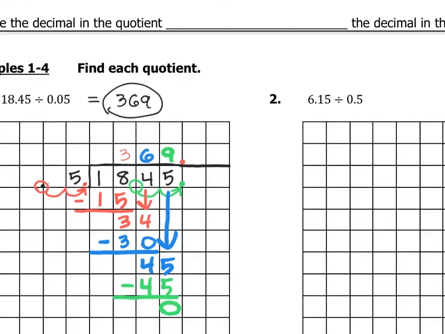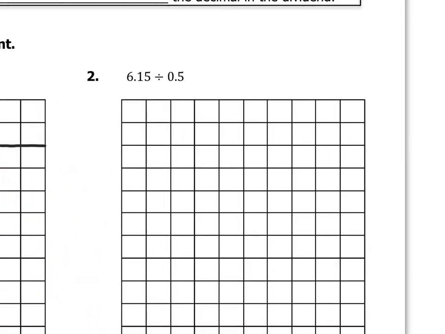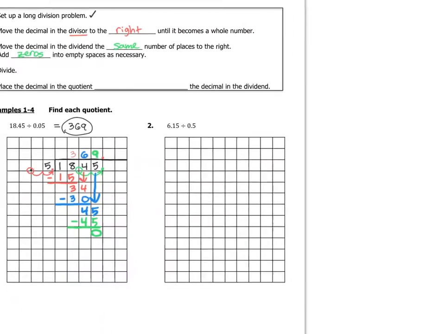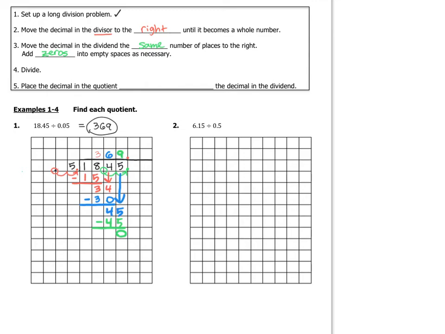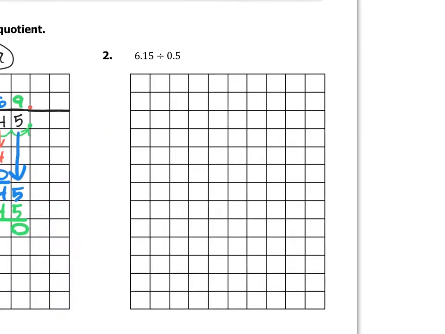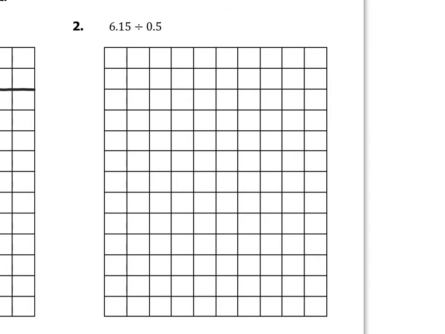Okay, let's look at the next problem, 6.15 divided by 0.5. So in this problem, again, I need to set it up like a long division problem with 6.15 inside my long division house and 0.5 on the outside. My first step is to take my decimal point in my divisor and move it to the right until I get a whole number.